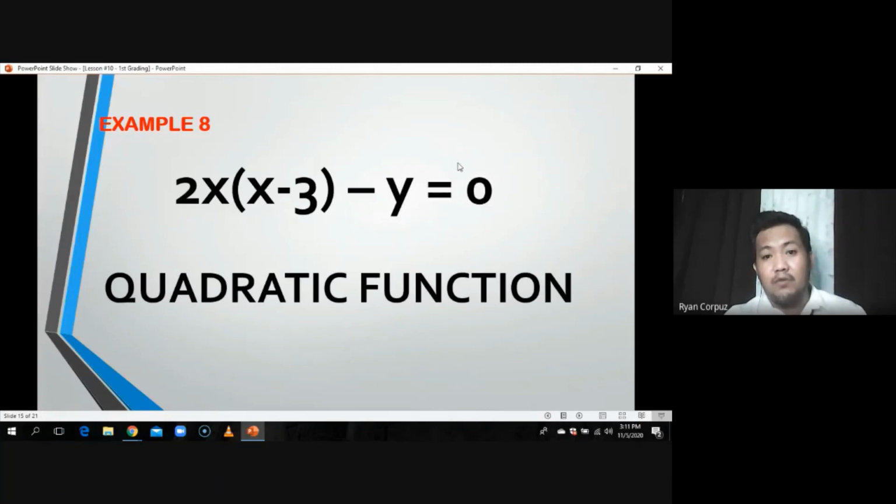When you move it to the right, since it jumped the equal sign, the sign will change. It will become now positive y. So y is now equal to, when you apply distributive property, multiplying 2x times x and 2x times negative 3, will form a quadratic term also. That's why we can form a quadratic function once we simplify this given equation.